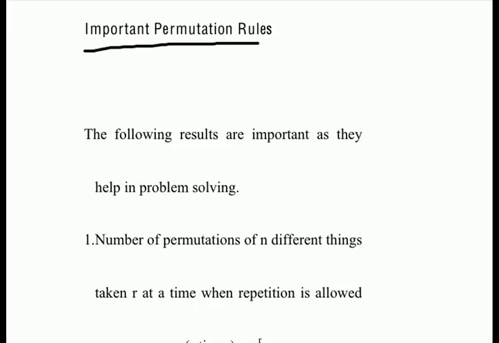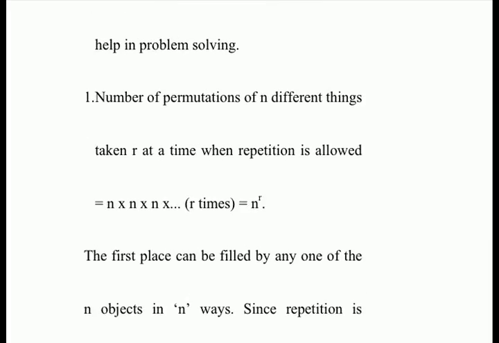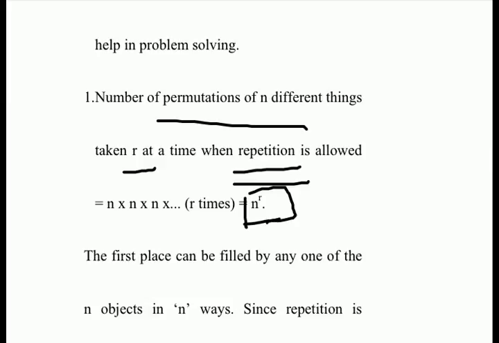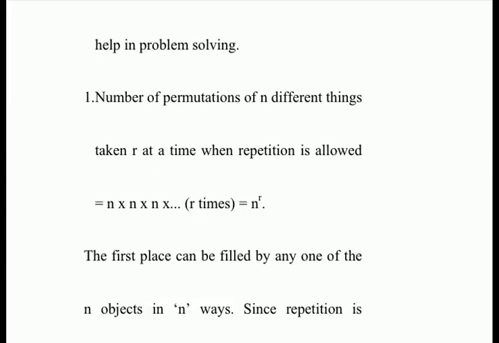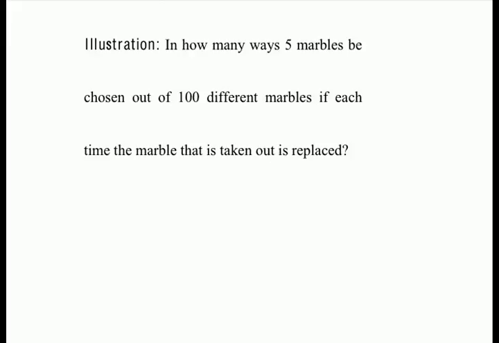A couple of important permutation rules to keep in mind. So the first one is the number of permutations of n different things taken R at a time when repetition, keyword repetition please note, is allowed, is n to the power of R. This is because the first place can be filled by any of the n objects, and since repetition is allowed, the second place can be filled by the same n ways again.